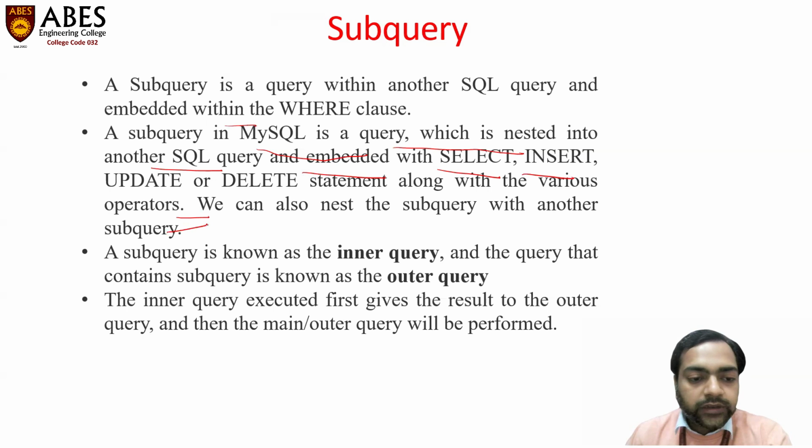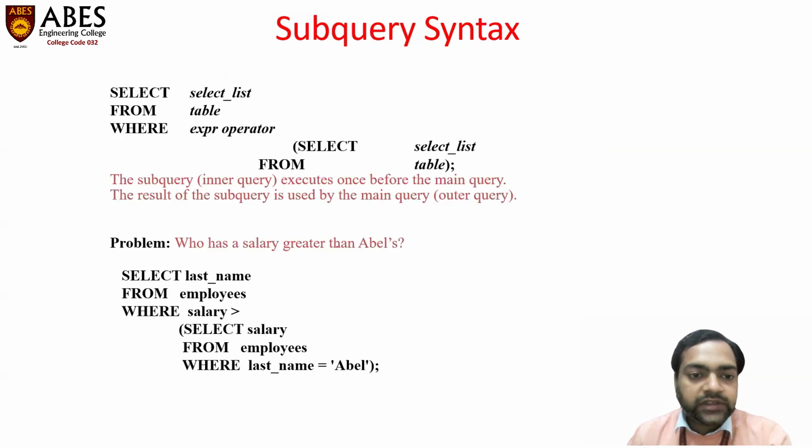The inner query is executed first, as I already told you. It will give the result to the outer query, and then the main outer query will be performed. Let us discuss with the help of an example here.